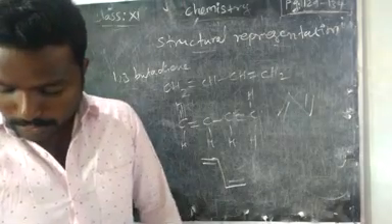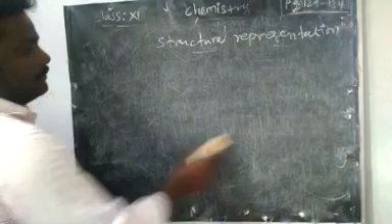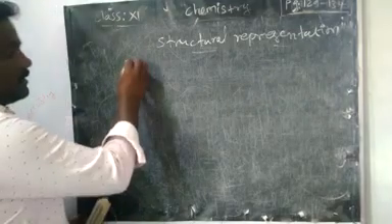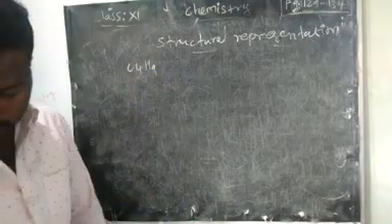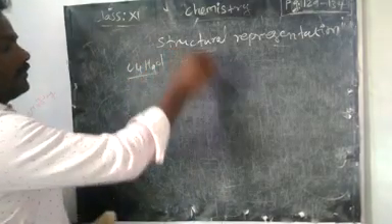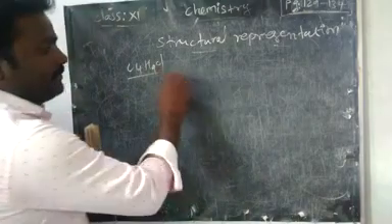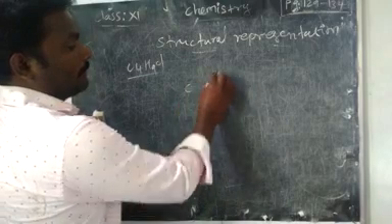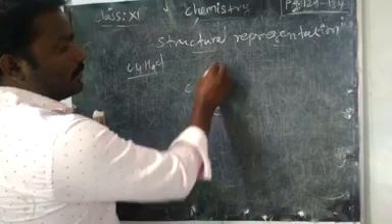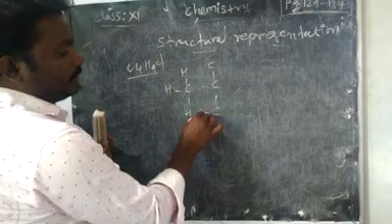Then we can write one more example, tertiary butyl chloride. What's the molecular formula? C4H9Cl, right? Tertiary butyl chloride, dash line structure, 4 carbons, right? In that, each carbon has 3 hydrogen.